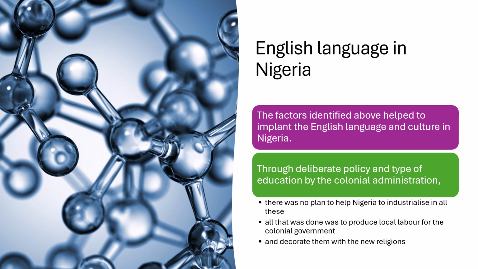So all these things were meant to just create clerks, people that will just be writing letters. If you have an interpreter, it's just to say what you have said. He's not supposed to think. Of course, I was giving the example of Ichoku then.